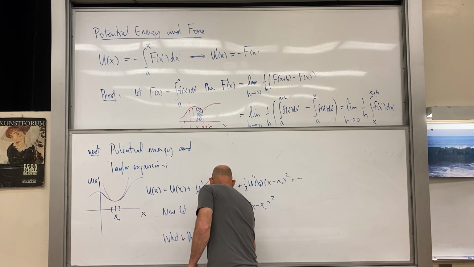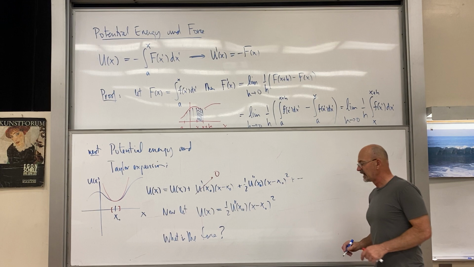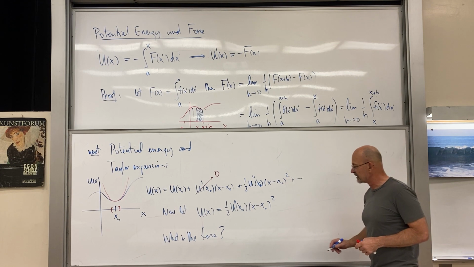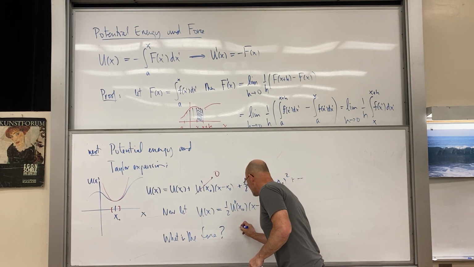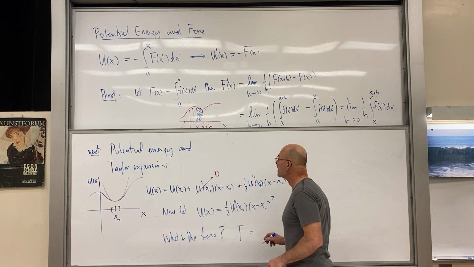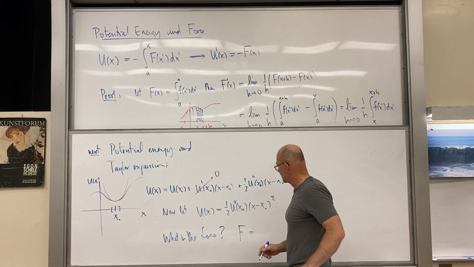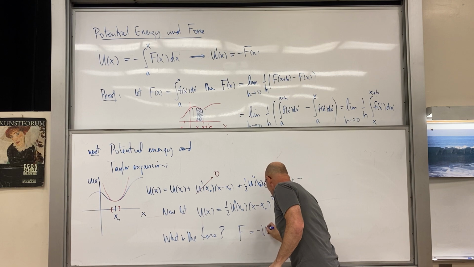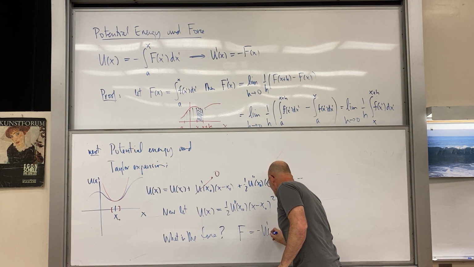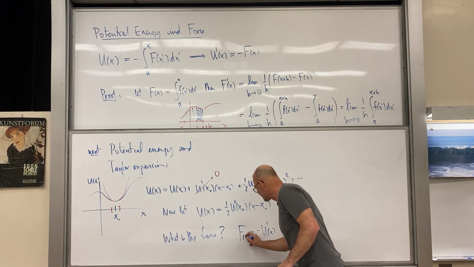Force, question mark. And we're just going to take the derivative. F equals a minus sign here, right? Minus u prime of x, because f is a function of x.